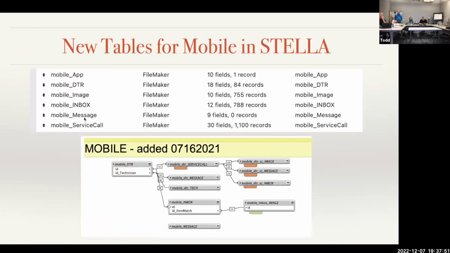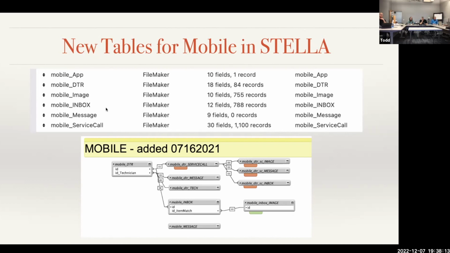So these are the new tables that we created to support the mobile structure in Stella, the big app. We've got a table to hold the app for distribution. We have the DTR, so that's the date plus technician. We've got the images that are going to be signatures as well as installs of equipment.